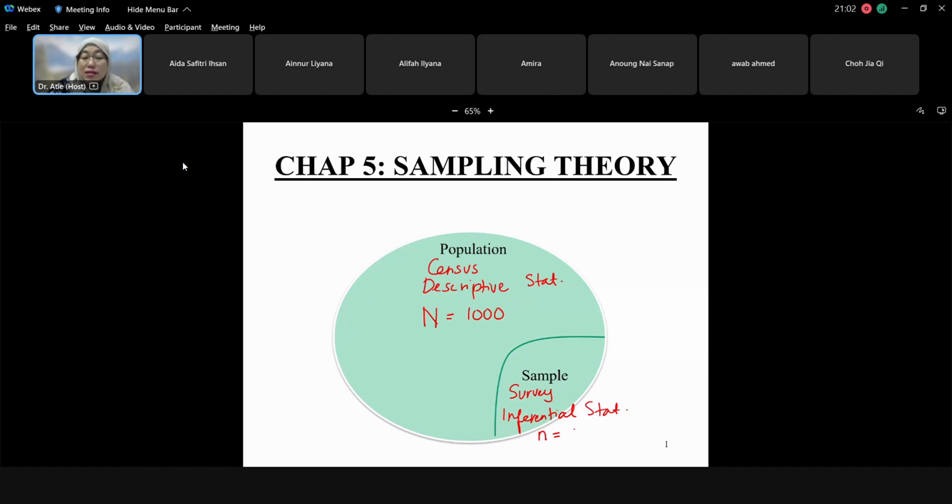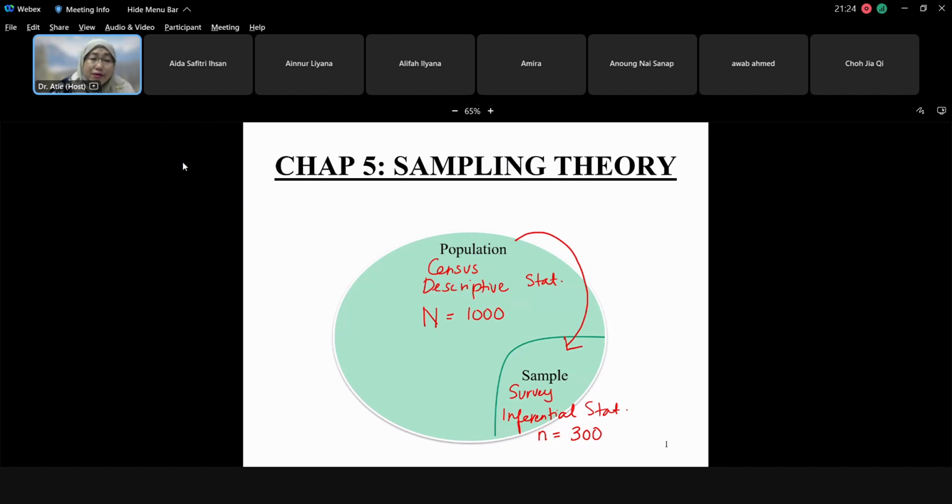And our n here is 300, right? So that's what we call sampling theory, when we are taking some part of the population to be in our study, right? So is everybody okay? Do you understand this?